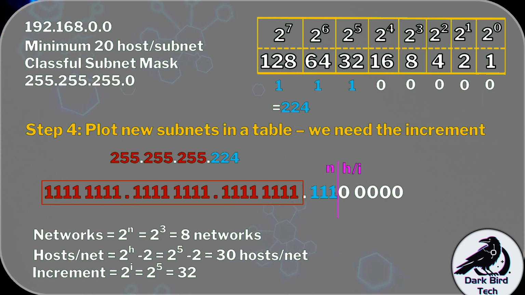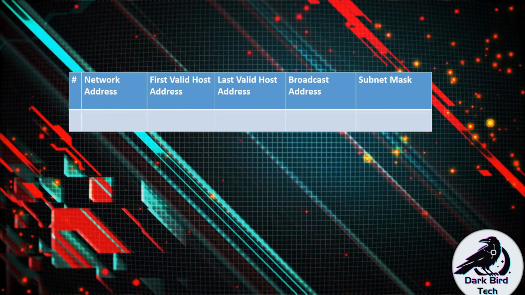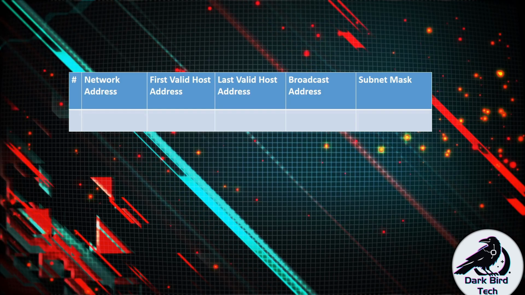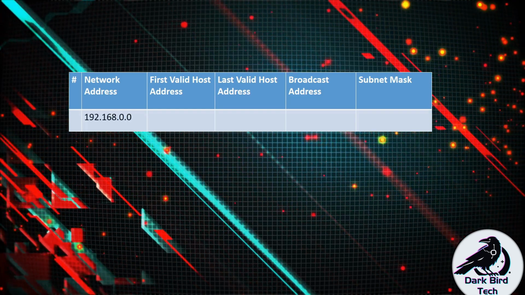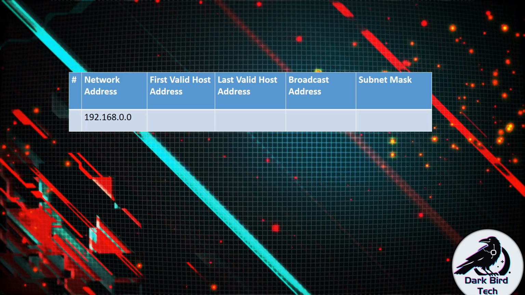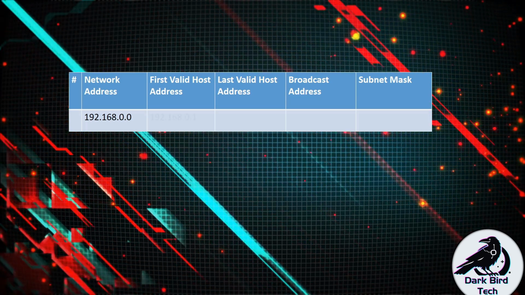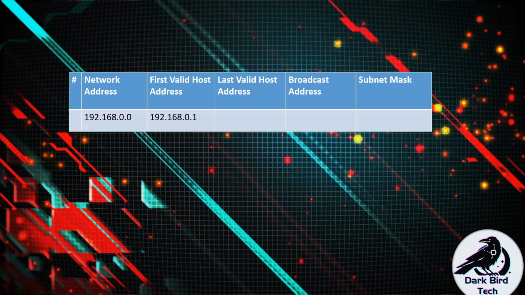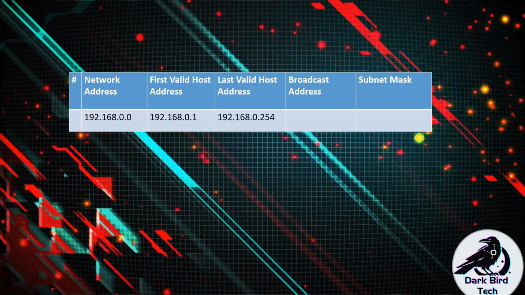Okay, cool. So before we get carried away and overshoot with the table, let's just have the start of the table and see what we had originally. So before we subnetted, we started with the 192.168.0.0 network. That is the network address. In that network, the very first valid or usable host address is 192.168.0.1. And in that network, the very last usable address is 192.168.0.254.